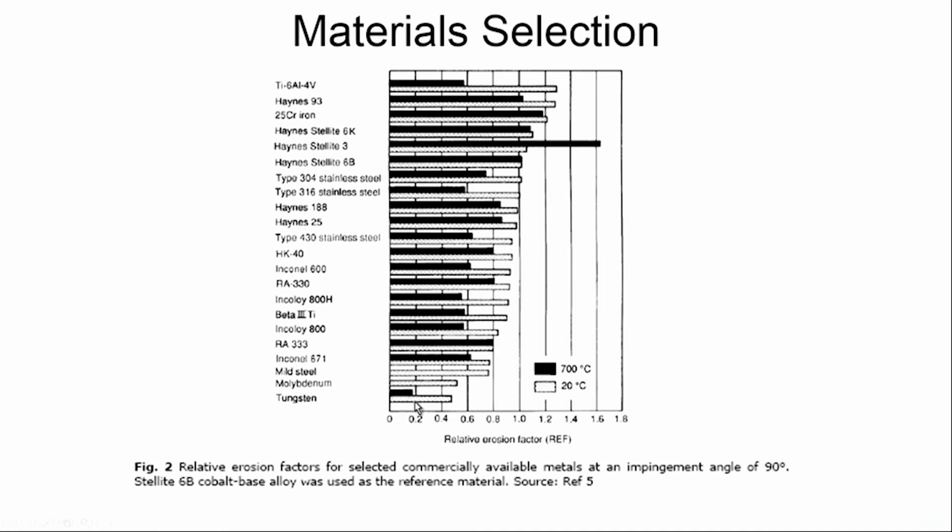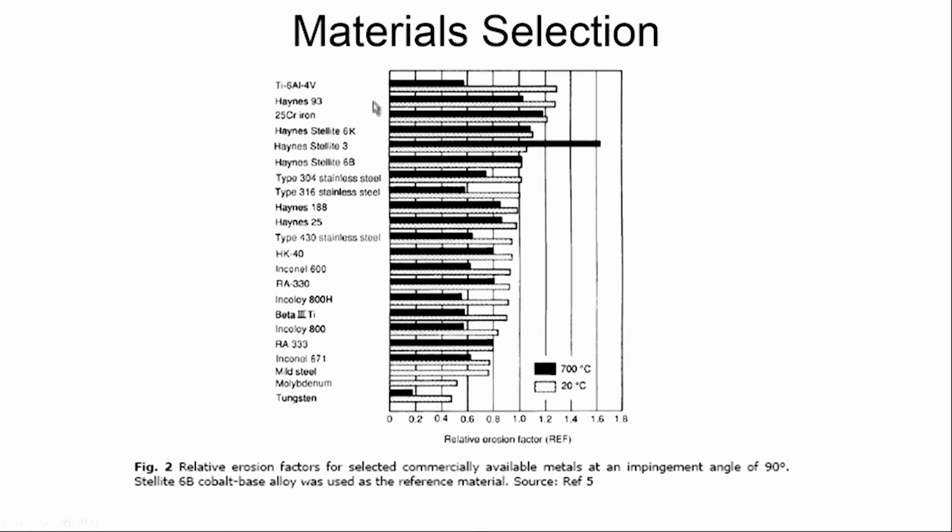You will find that tungsten has the lowest relative erosion factor, and with temperature it decreases further. So, you can understand that sometimes temperature has a positive influence, sometimes a negative influence on the erosion rate.